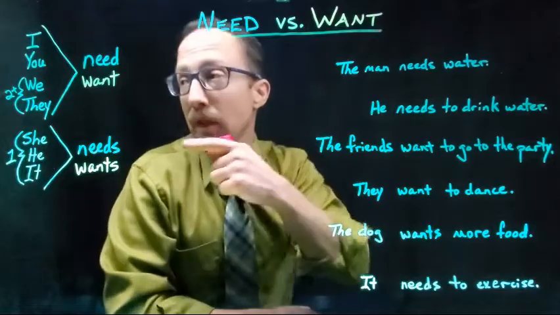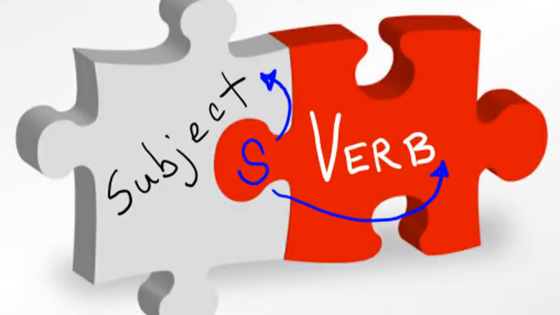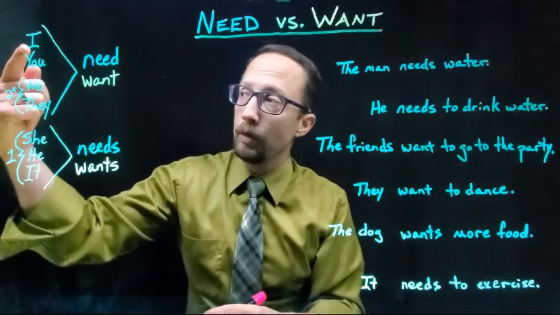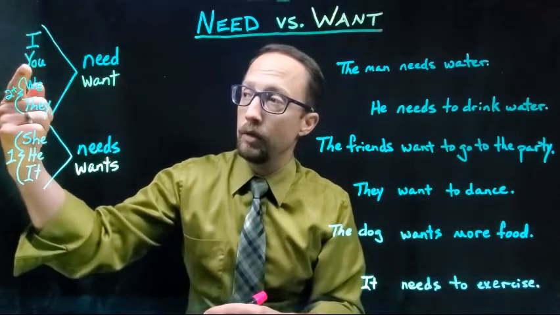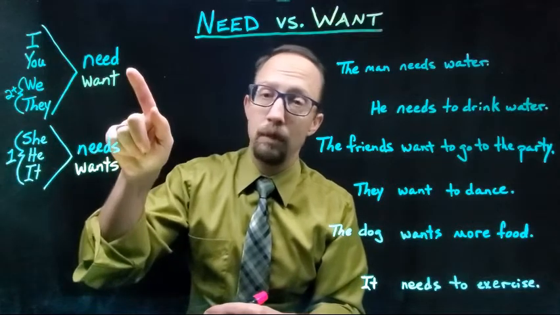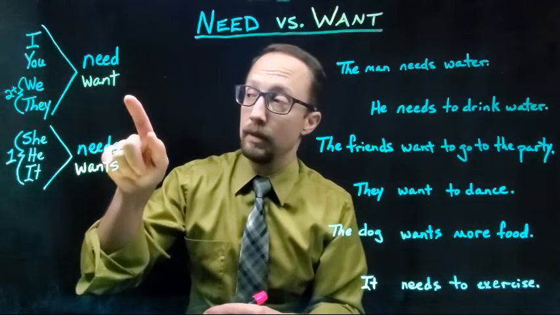First, let's look at subject verb agreement. When you have pronouns like I and you, do not put an S at the end.